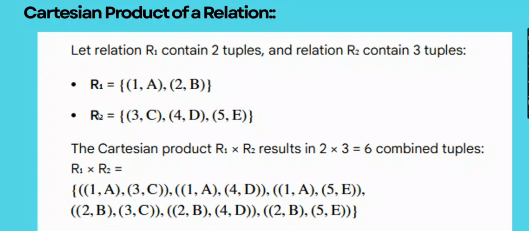Can you follow? So we have discovered this relation 1 in such a way that there is a certain relationship present between 1 comma A. Similarly, there is a certain relationship present between 2 comma B. Similarly, for R2 also we have got 3 comma C as one ordered pair, 4 comma D as another ordered pair, and 5 comma E as another ordered pair.